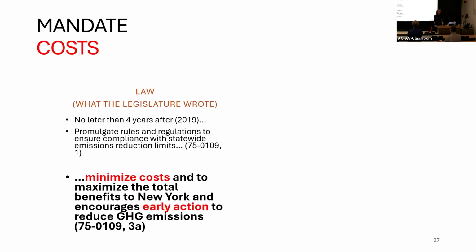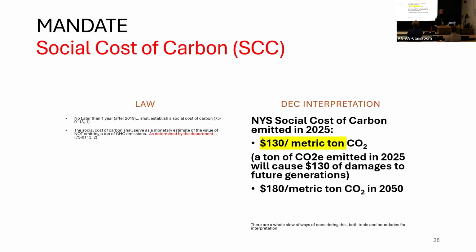We need to minimize costs and maximize the total benefit to New York State and encourage early action to reduce these greenhouse gas emissions. And in particular, New York State set a social cost of carbon, or the value of carbon, to be $130 per metric ton. So that means for every ton that's emitted in 2025, a mitigation strategy that's less than $130 a metric ton is going to save future New Yorkers the strife and the infrastructure repair, et cetera, from future climate crises, right?